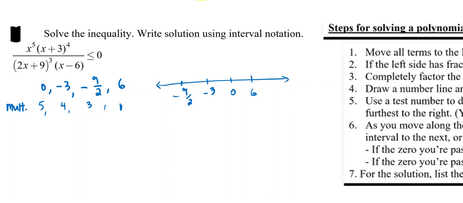You can either look at your leading coefficient, your leading term on top and bottom, or you can just pick a number to plug in to see if you get positive or negative. But we have to have that starting sign. So let's say we plug in something bigger than 6, like 10. Plug it in here, you get positive, positive, positive, positive.